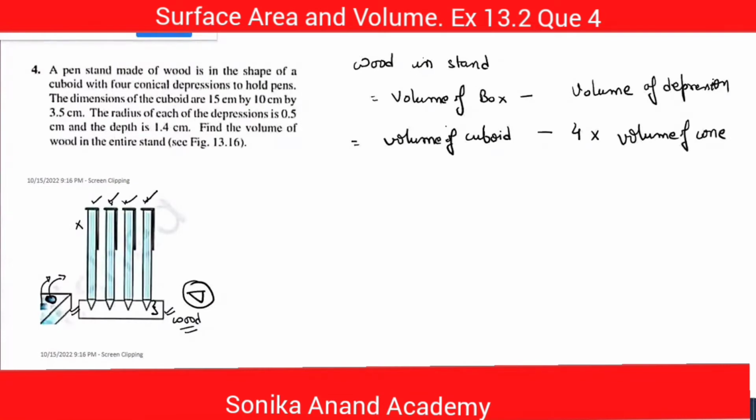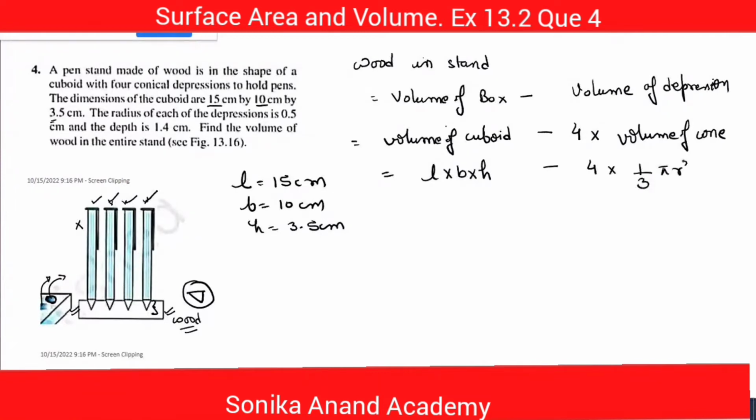Now in the cuboid, length is 15 centimeter, breadth is 10 centimeter and height is 3.5 centimeter. Now what is the volume of cuboid? Length into breadth into height. Now 4 into volume of cone, you know, 1 upon 3 pi r square h.